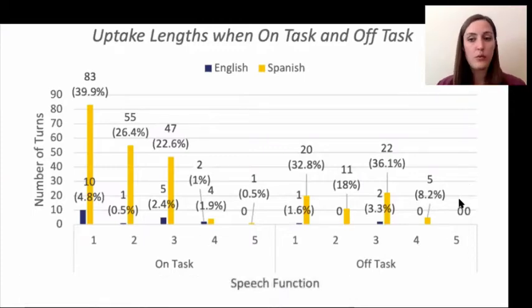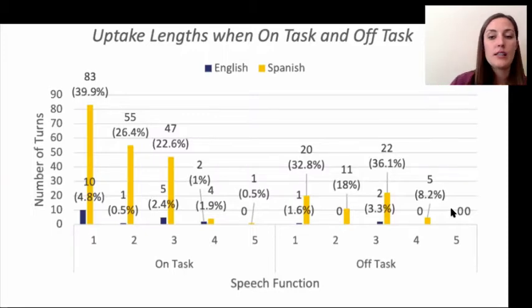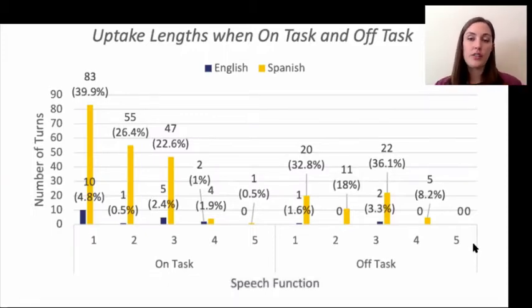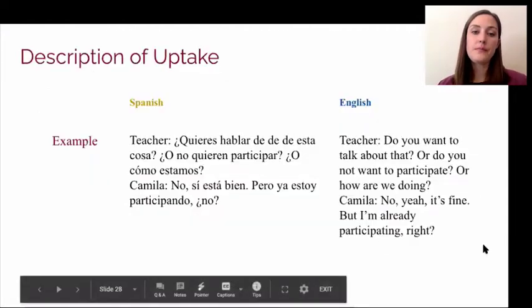When off task, one sentence responses were the most common, but one word responses weren't far behind. And this could occur for different reasons, possibly because off-task conversations may have occurred more during group work when the teacher may be closer to them and may feel more inclined to speak in Spanish.